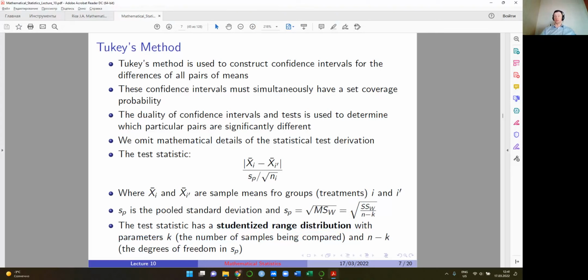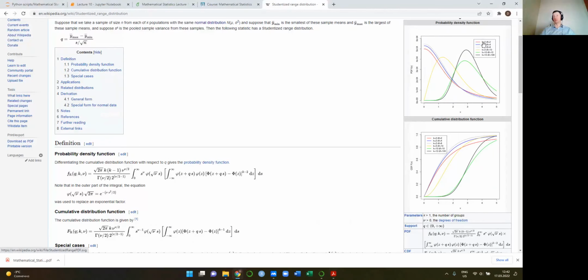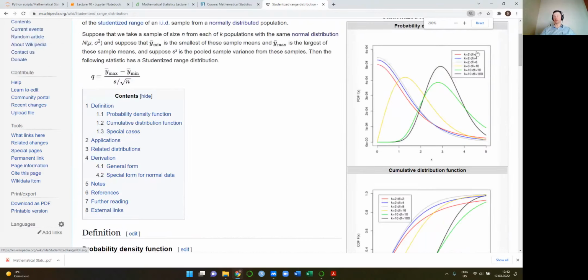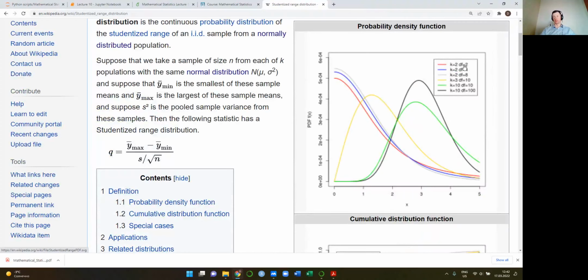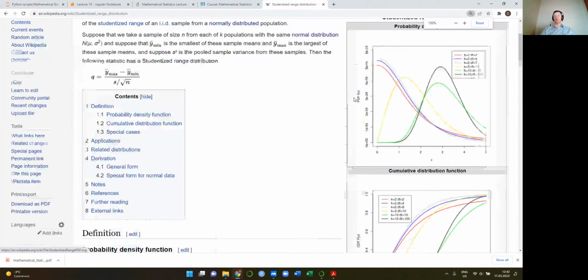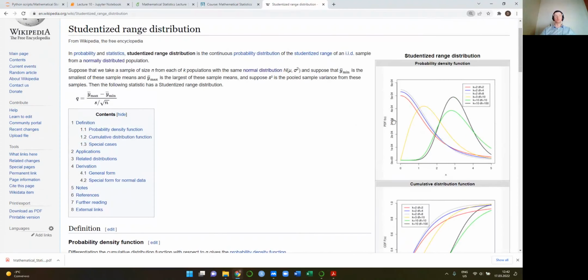And there are two parameters: k, which is the number of samples being compared, so how many groups we have when we perform ANOVA, and n minus k, which is the number of degrees of freedom for SP. So this is k, one parameter, and another parameter is degrees of freedom. And depending on them, as I said, the shape is kind of different.